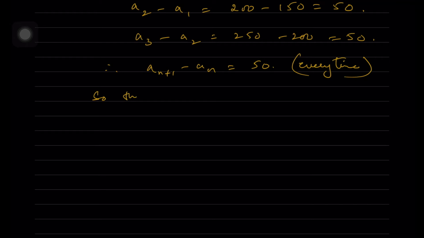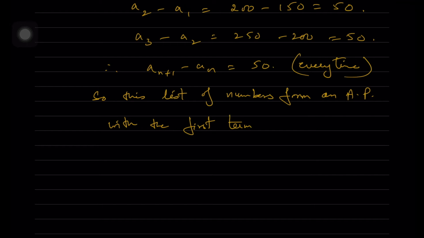So this list of numbers forms an AP with first term A equal to 150 and common difference D equal to 50.